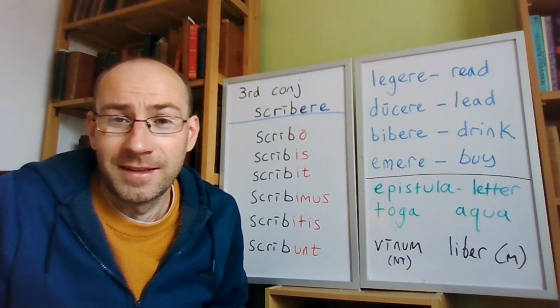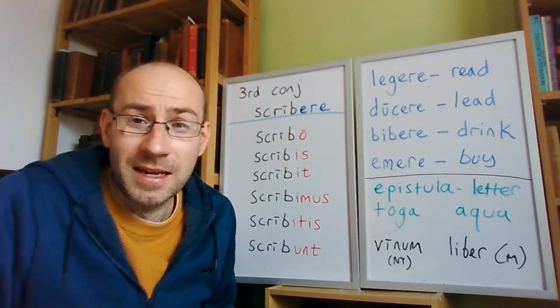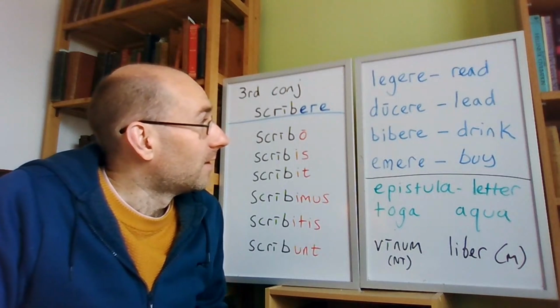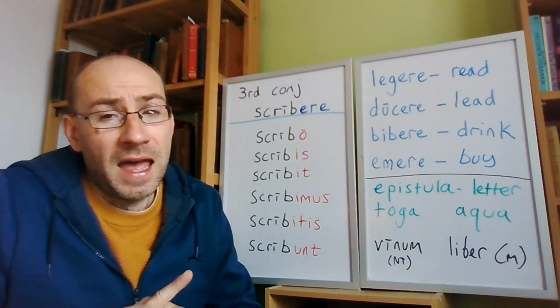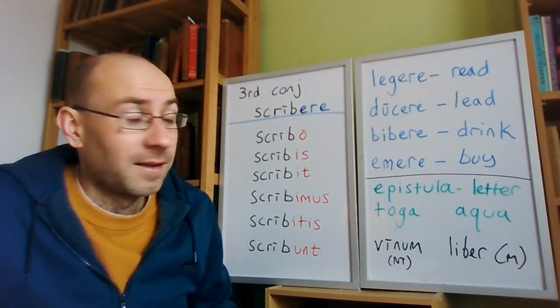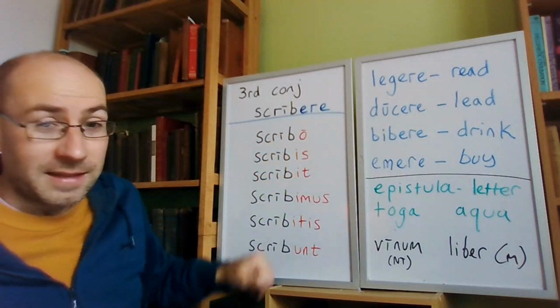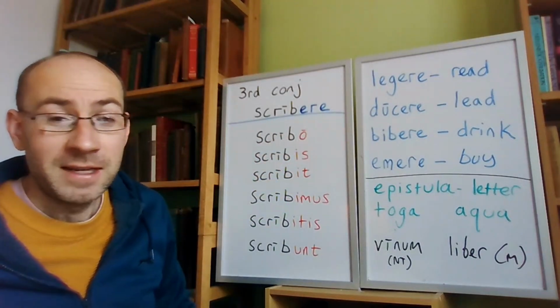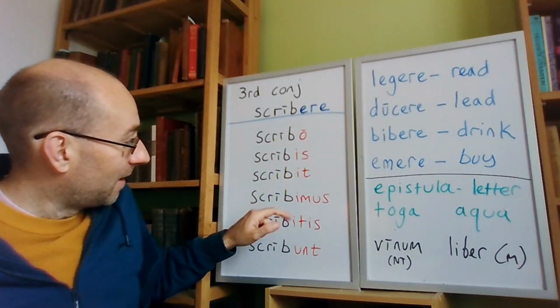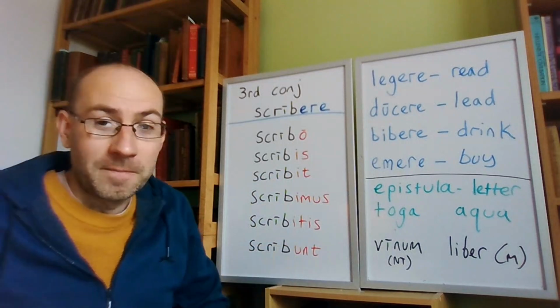If you have handwriting that a person can read, it is said to be legible, right? Legible, legere. So what do we do? Take off the -ere, that's the infinitive, gives us a stem, leg. Lego, legis, legit. I read, you read, she reads, he reads. Legimus, legitis, legunt.